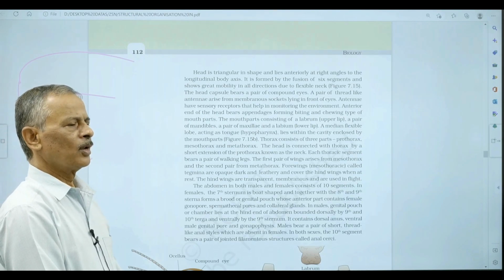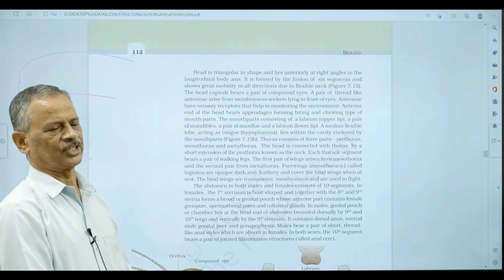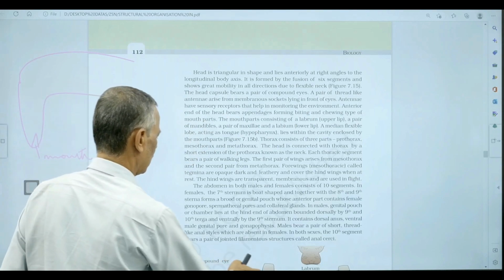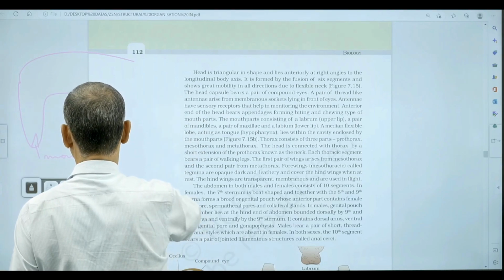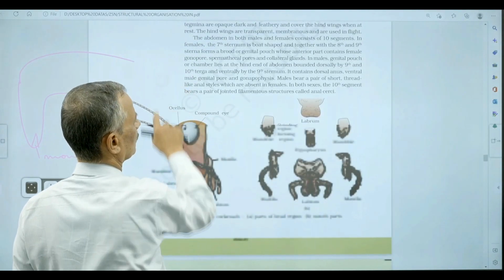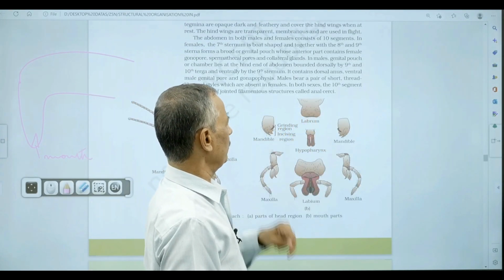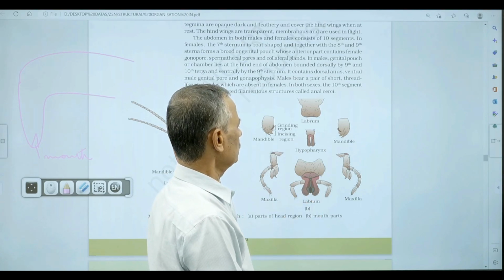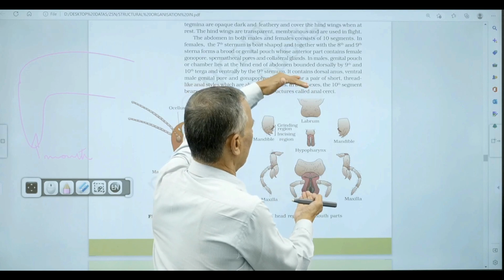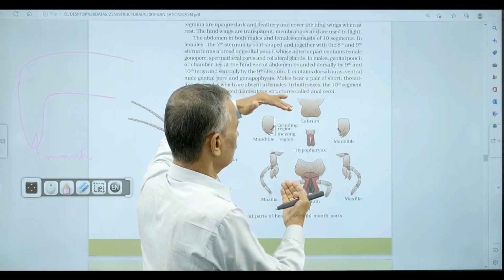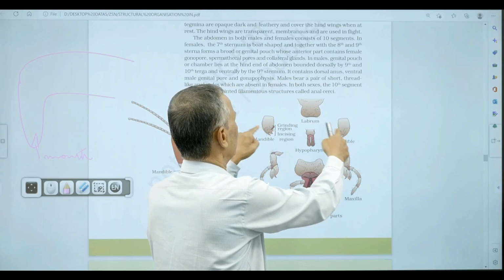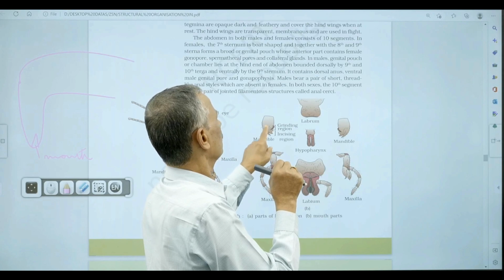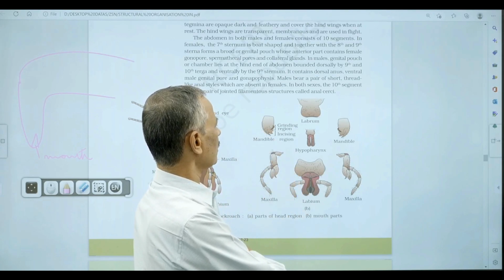The mouth parts are of chewing and biting type. This mouth part consists of an upper labrum, which is acting as the upper lip, a lower lip, labium, forming the upper and lower boundaries, and on either side, an irregular chitinous hard teeth-like structure called mandibles.